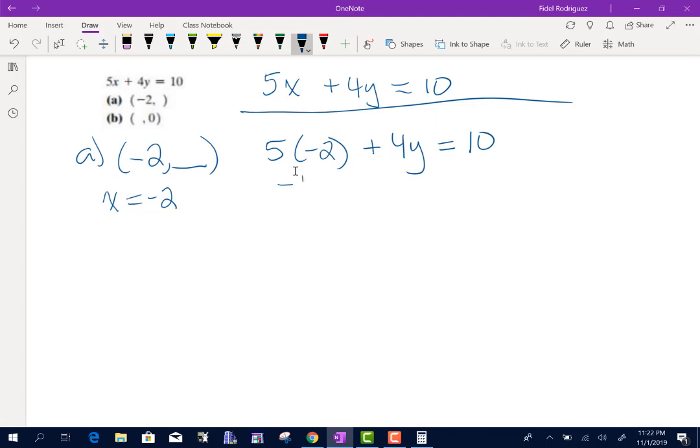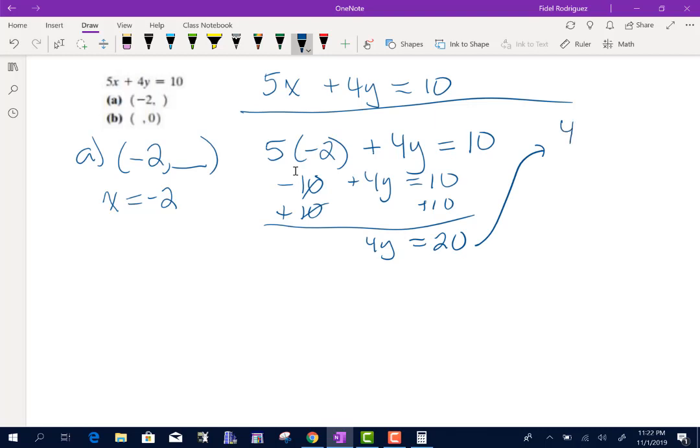So 5 times negative 2 is negative 10, plus 4y equals 10. We need to add 10 to both sides. That's going to give me 4y equals 20. So if 4y is equal to 20 and we divide both sides by 4, we should get y is equal to 5. So right there we'll put the number 5.